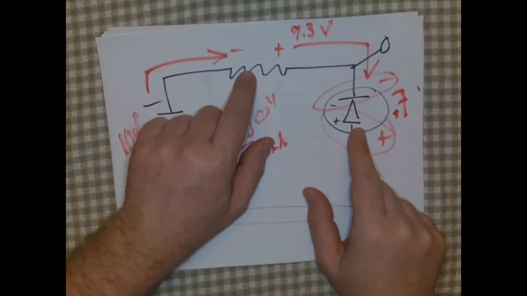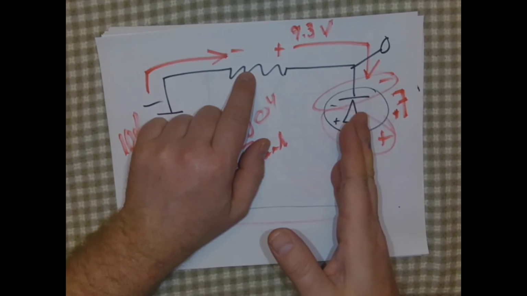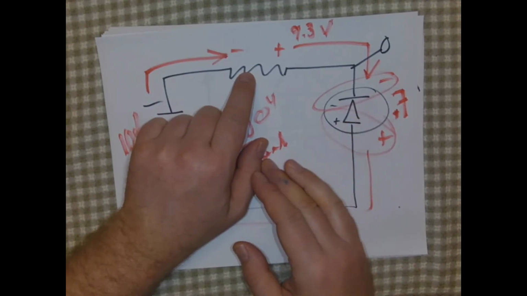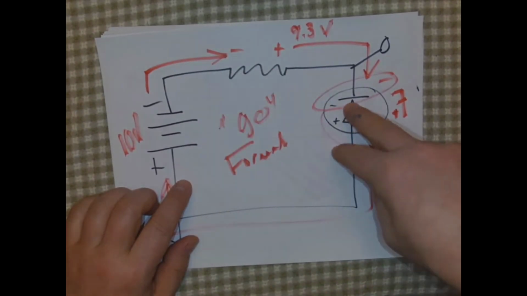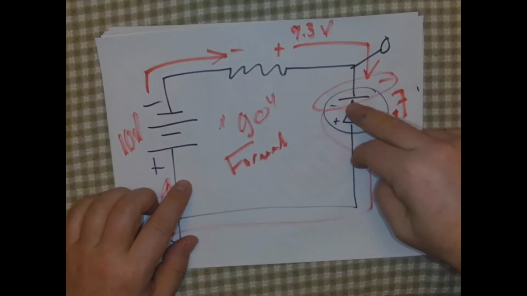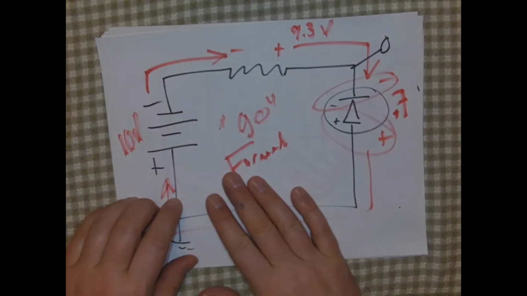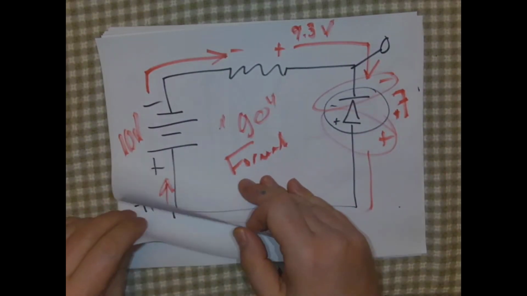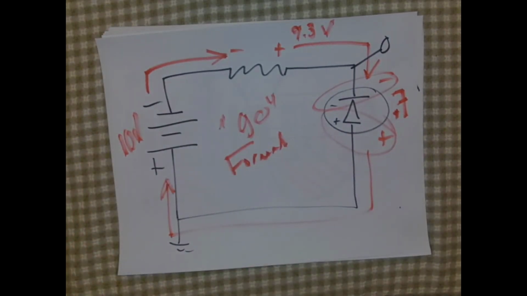If there's no current, the resistor's not going to have any voltage. That means the rest of it's going to go to the diode. Okay? And then the question is, where is the diode? Is it up here? Is it down here? Is it forward bias or reverse bias? Is it pointing up or pointing down? So just keep redoing these circuits and you will see patterns emerge. And that should help you figure out how to do this work.